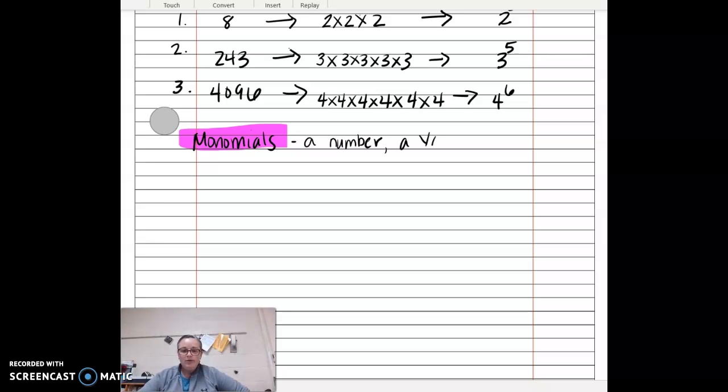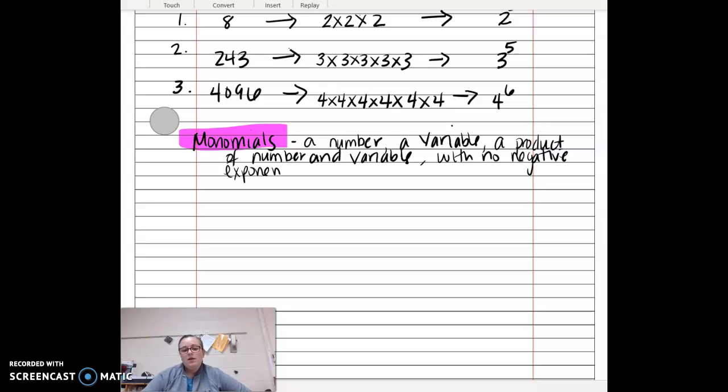It could be a variable, or a product of a number and variable, with no negative exponents, or variables in the denominator.